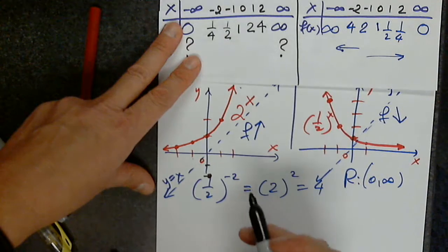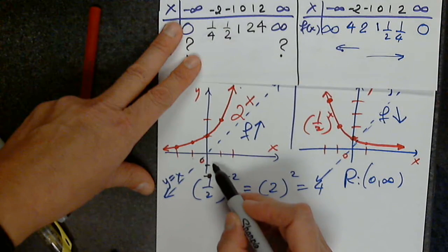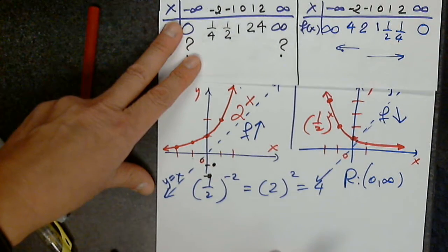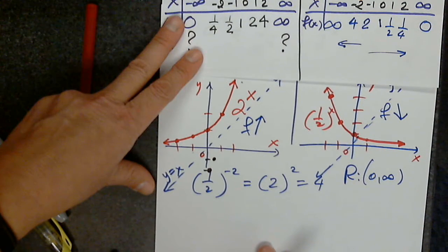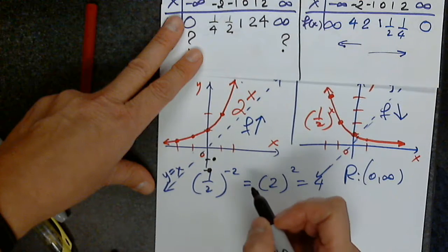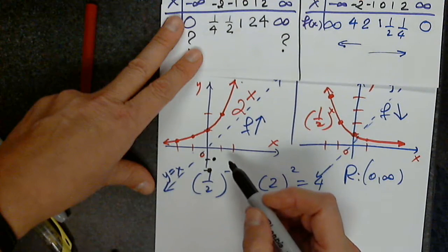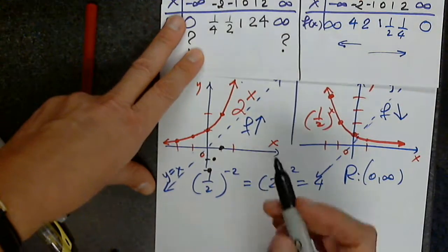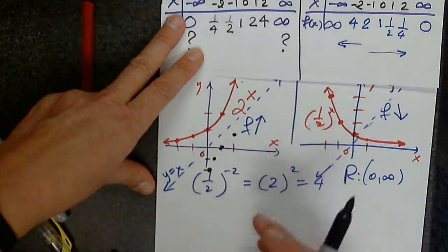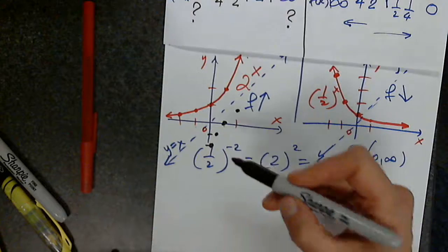Then 1/2. Excellent. Then 1, 0. Perfect. 2, 1. Very good. That's good enough. Please look at this.